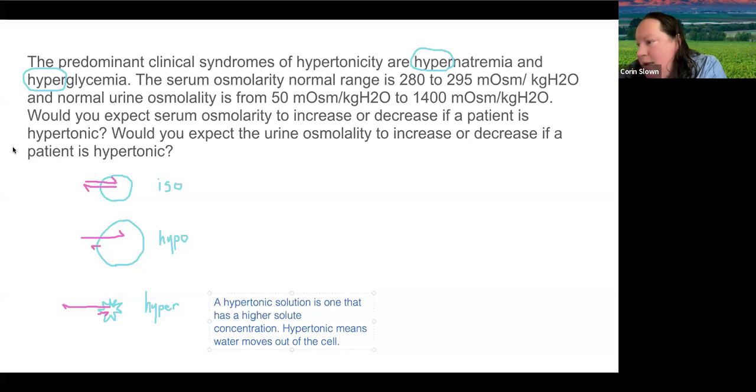For hyperglycemia, an excess of glucose in extracellular fluid, our serum osmolality would also increase and our urine osmolarity would increase. So this depends on lots of factors. It depends really on the level of hydration. But for both of these, we would expect the serum osmolarity. So let's type that out.